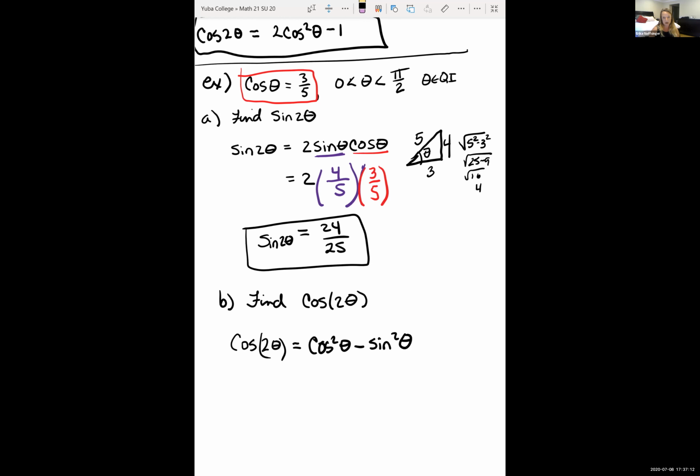So we already know what cosine theta is. We can square it, minus, and we found up here what sine theta was. It was 4/5, and we can square it. So plugging those values in, we had 3/5 for cosine, and we had 4/5 for sine.